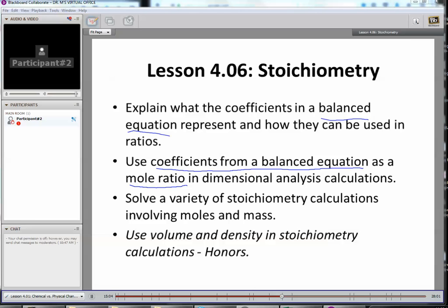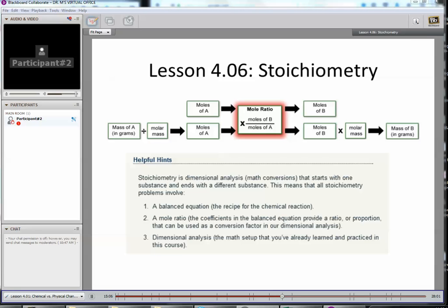So within that, stoichiometry has a couple of other elements. Besides the balanced equation, it involves dimensional analysis. That should be a flashback from Module 1, and we worked with it in Module 2 as well. Remember, it's just a series of setting up fractions based upon the units to get through this.